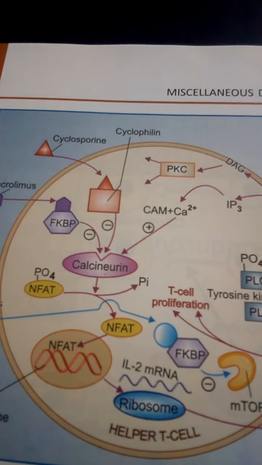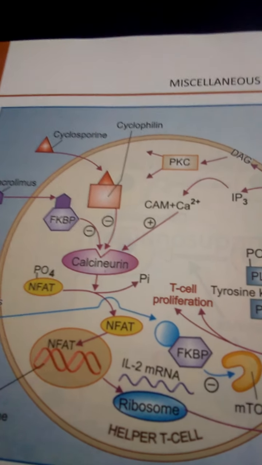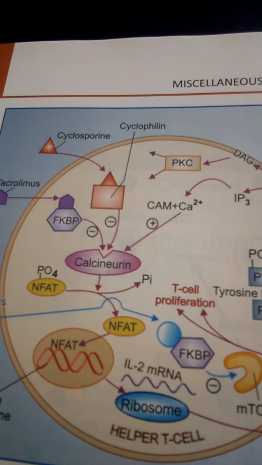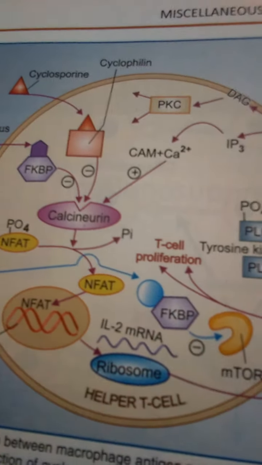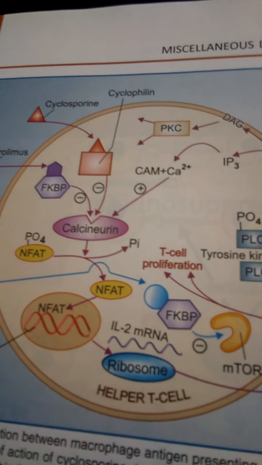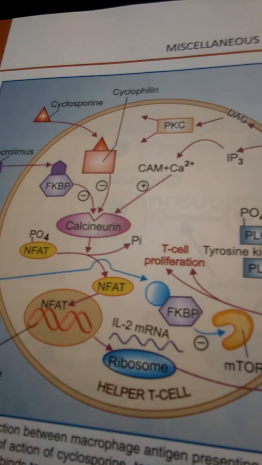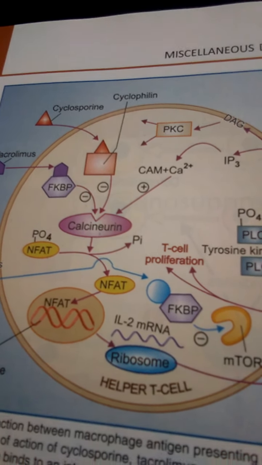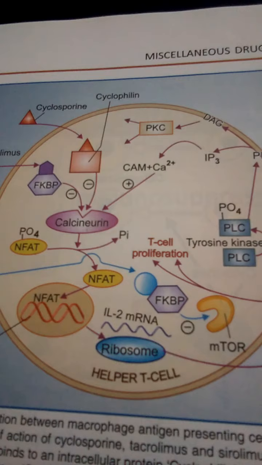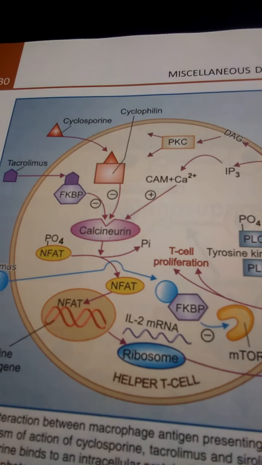The main mechanism of action of cyclosporine is to inhibit the calcineurin receptors or calcineurin proteins. In turn, it leads to a decrease in cytokine formation as well as transcription. It is mainly used in graft rejection reactions, mainly during organ transplantation, and in autoimmune disease conditions such as rheumatoid arthritis, uveitis, and bronchial asthma.